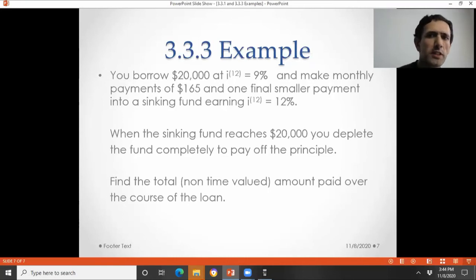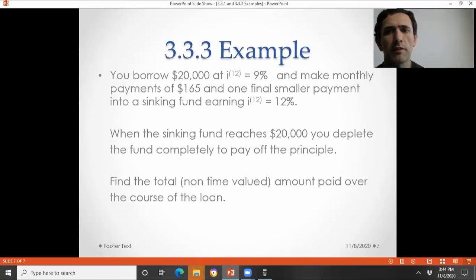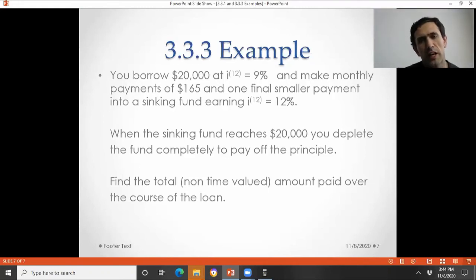What's more realistic is you're going to make one final smaller payment into a sinking fund to cover the rest of the principal. Or what's really just as likely is that you accumulate all your payments, and if that's not enough, you might let that sit in the account for one more month, and the interest you earn might push you over to 20,000, and oftentimes in examples like this it does.